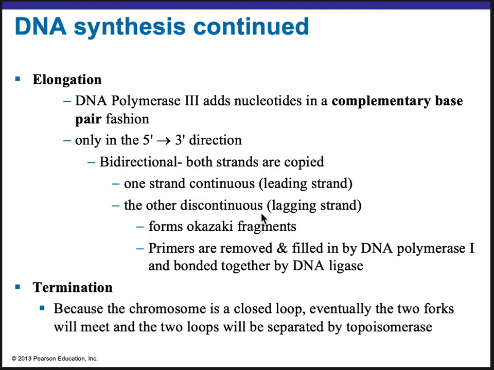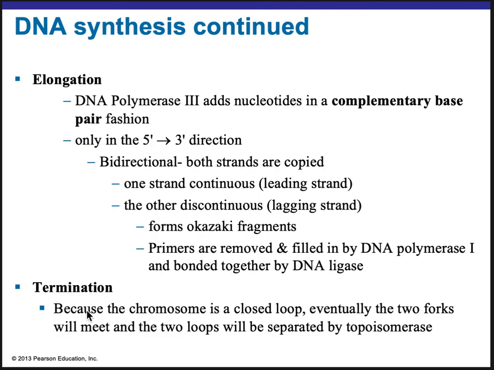The discontinuous strand is also called the lagging strand, and it will lead to fragments of copied DNA called Okazaki fragments, which also means you're going to have lots of primers having to be added, and so eventually those have to be removed and replaced with DNA, because the primers, remember, are actually RNA. And so DNA polymerase 1 comes in, removes the primers, and fills it in with actual DNA, and then DNA ligase comes and seals it together.